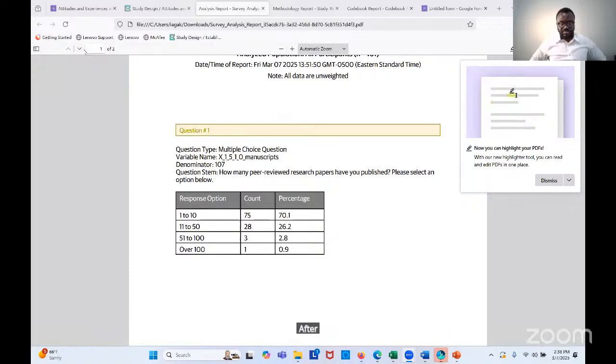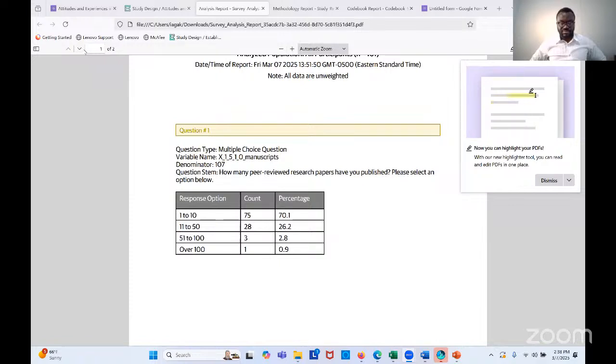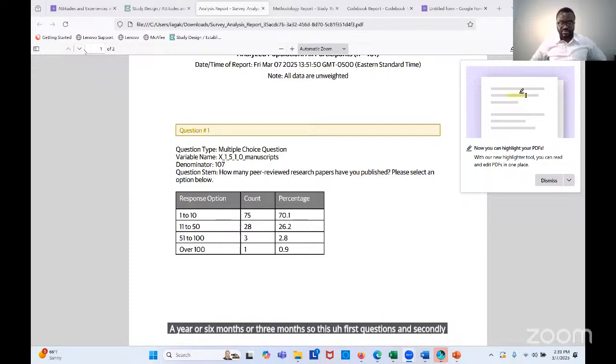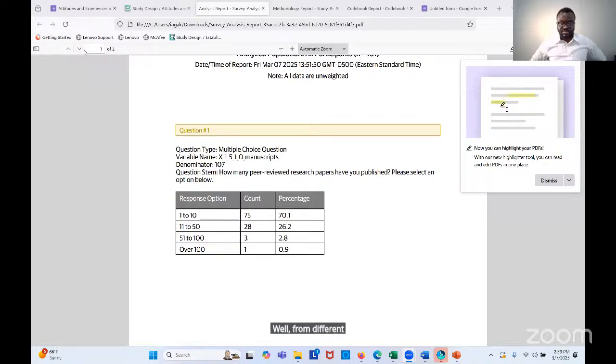So I would like to know if there is a special package for students and how much we are going to pay. Is it per year, or 6 months, or 3 months?